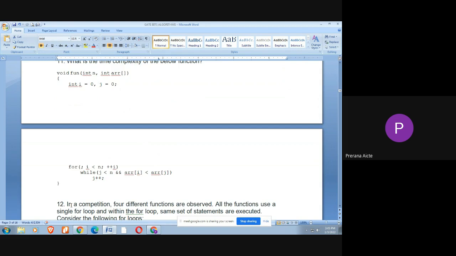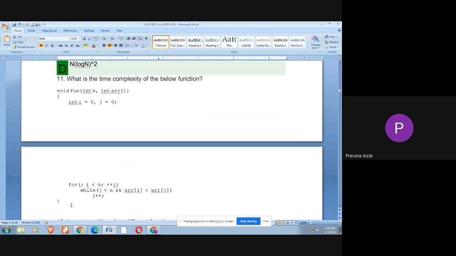So the inner loop runs at most n times only. So we are going to have the time complexity of only order of n, not order of n square.